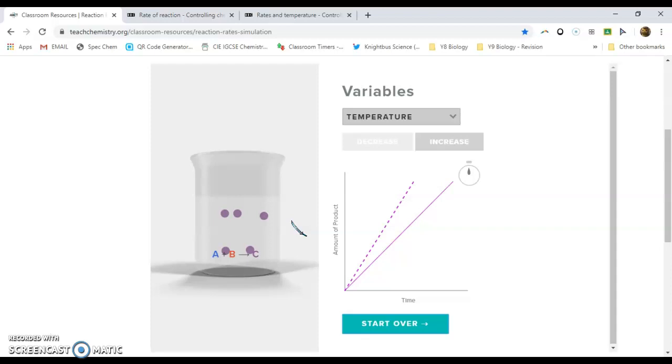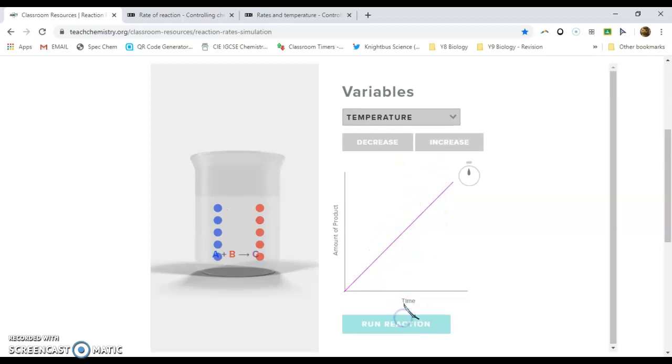And the collisions are happening in a shorter amount of time. And because the particles are moving faster as well, you're getting more successful collisions taking place over time. So as a result, the amount of product that you make over time is much higher when you raise the temperature than when you had it at a lower temperature before.